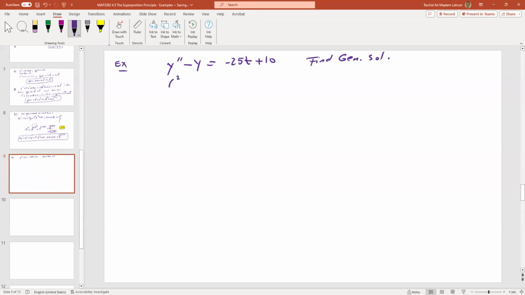Let's look at r squared minus 1 equals 0, so r equals plus or minus 1. Then we know this one is going to be this.